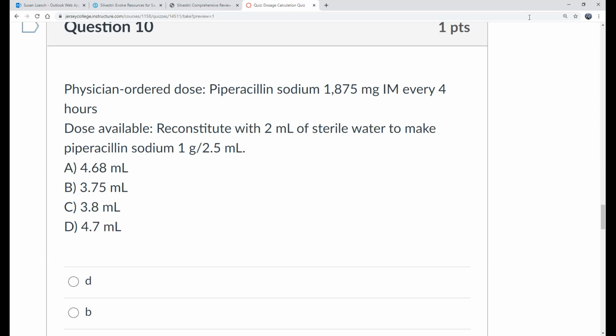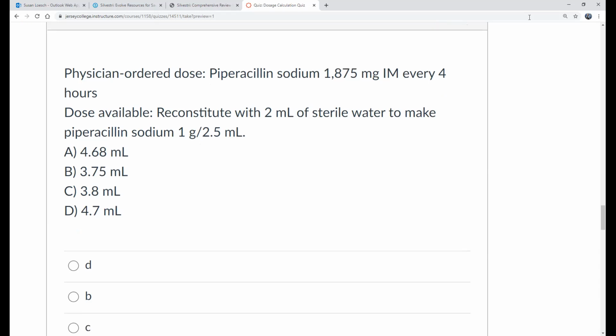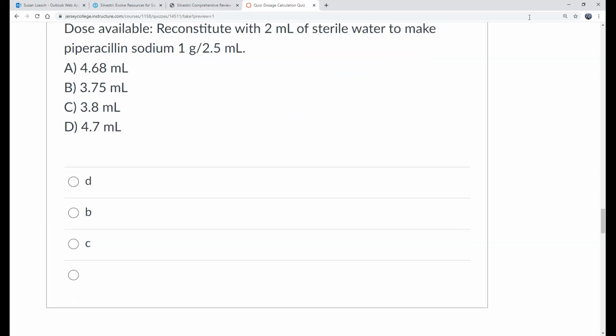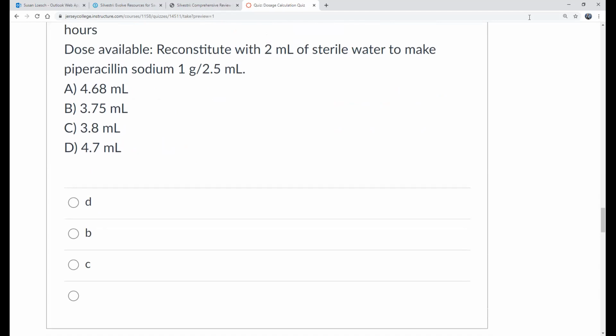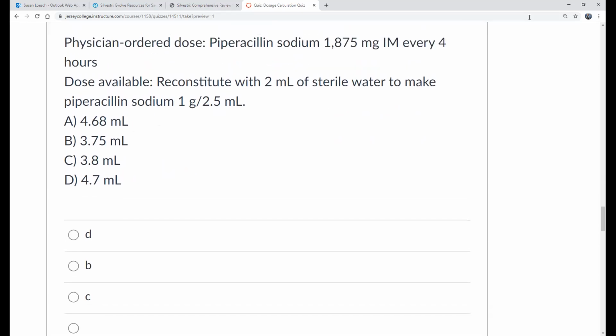So your answer should be D, 4.7. Sorry, I forgot about that. Because you're going to round up to the nearest tenth, right? Yes. That's on me. Everybody good with that one? Yes.